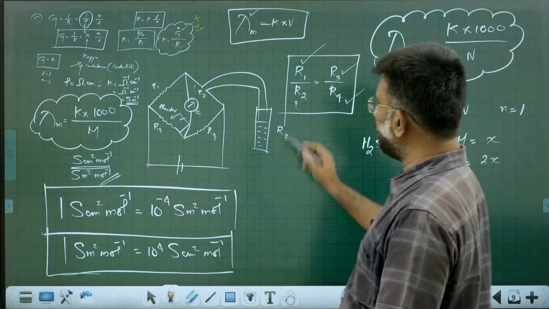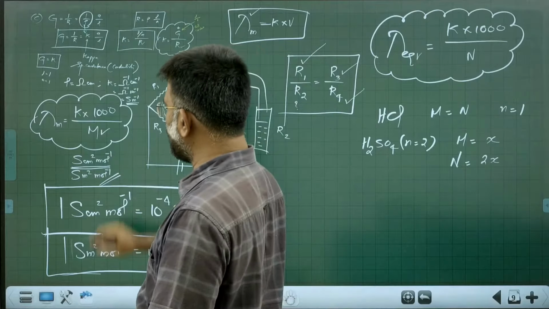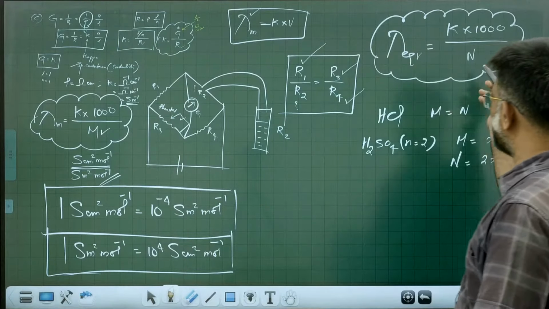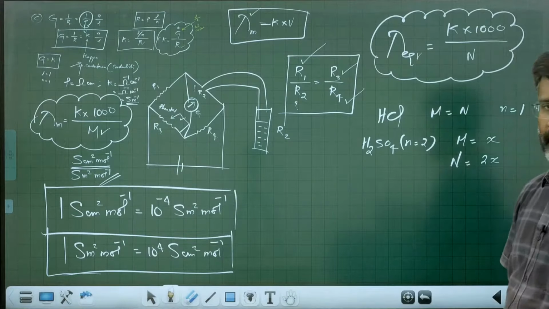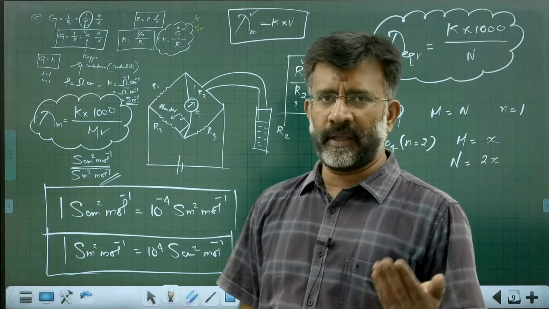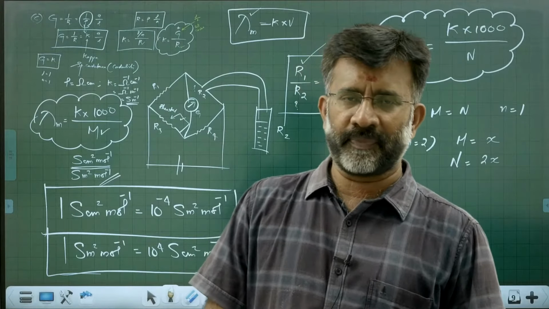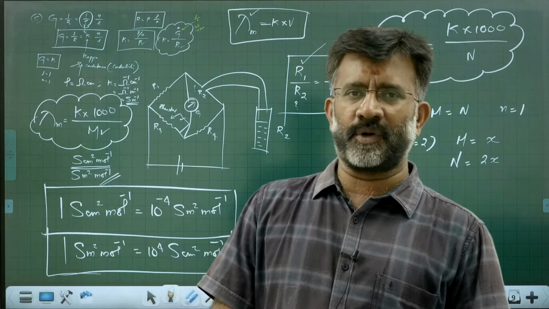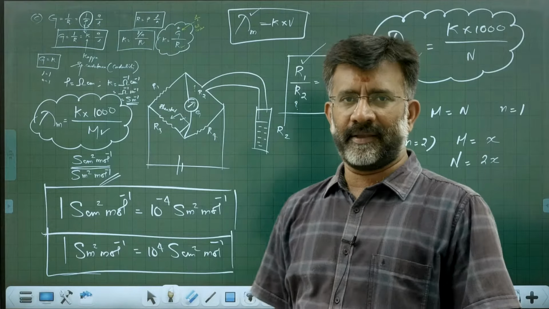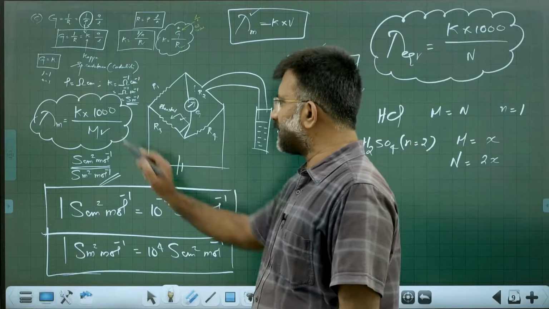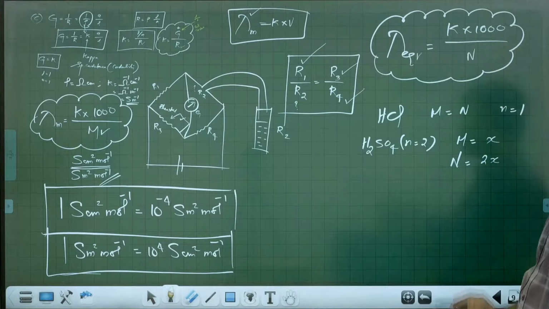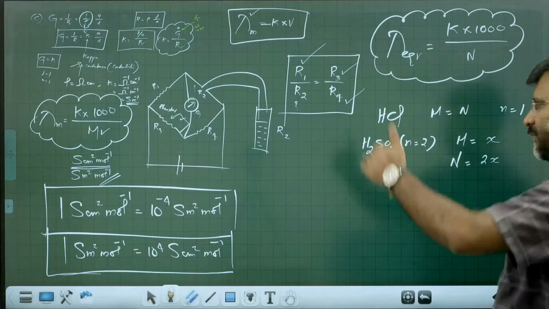If it is x here, here it will be 2x. That means lambda equivalent is going to be half of lambda m.